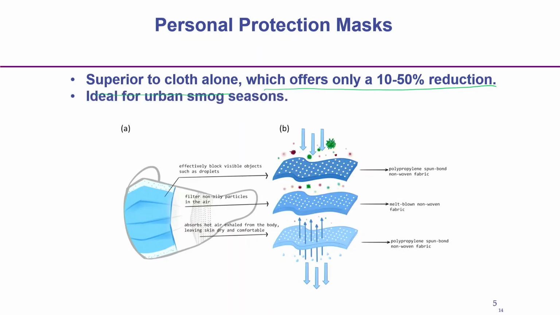The cloth efficiency is typically 10 to 50%, which varies depending on the pore size. And for urban smog, this type of personal protective mask is important.